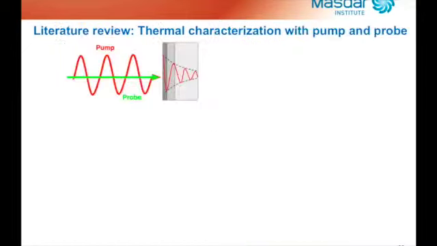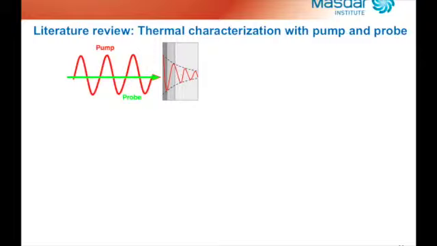So to do so, I used, in collaboration with Boston University, a pump and probe system that is used to determine thermal properties of thin film layers. This system is composed of two lasers: the pump that is used to locally heat the sample, and the probe that is used to look at the change of reflectivity of the top layer, which is generally a metal.